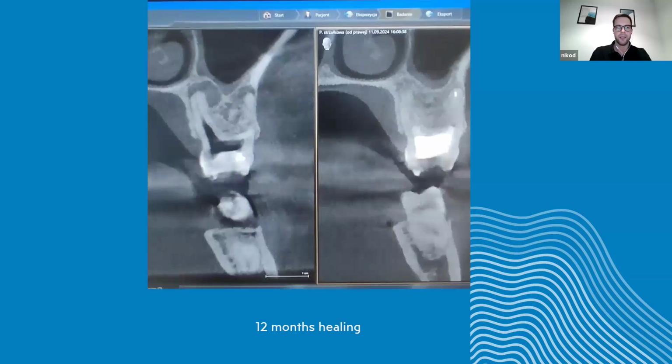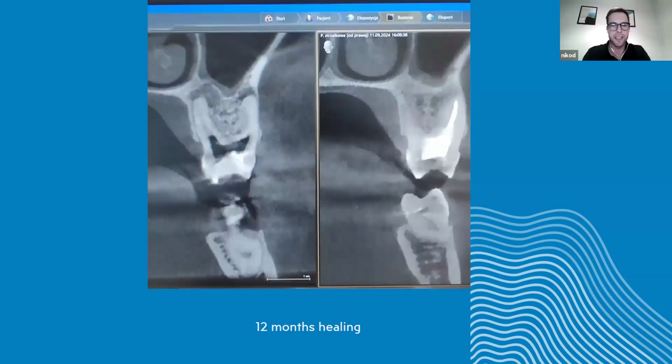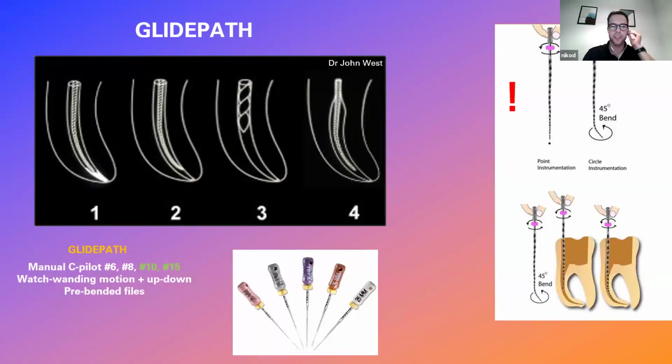And the other very important thing at the end of my presentation is to have a good glide path, because nowadays many endoshaping systems work very fast, very aggressive, for example in reciprocation mode. But we cannot forget about a good glide path, and do it at the beginning as a manual glide path, because we can feel what we are doing.